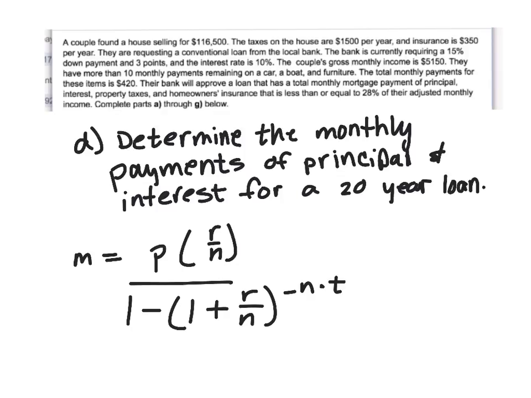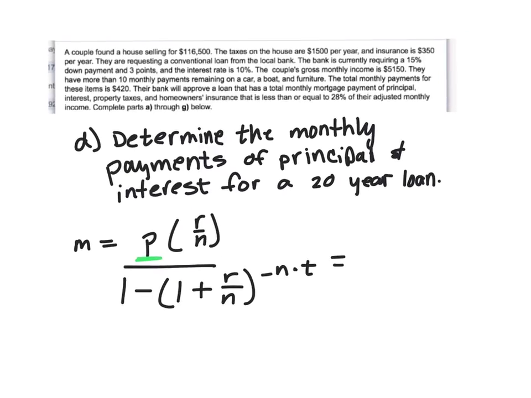First of all, the P is the amount of the principal, and the amount of the principal is the amount that they are actually financing, so the actual amount of the mortgage that they're going to be financing. So I'm going to substitute P for that mortgage amount. And you'll recall from the previous problem that P, or the principal amount, is $99,025. So I'm replacing the P with $99,025.